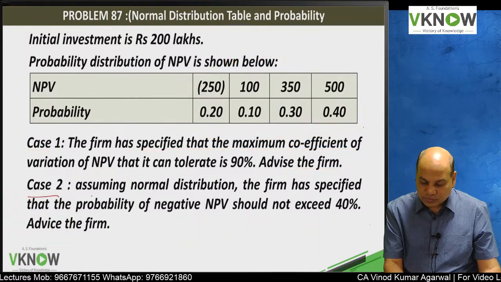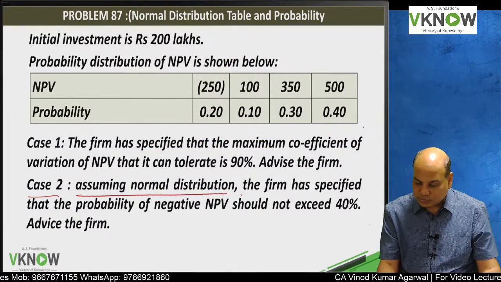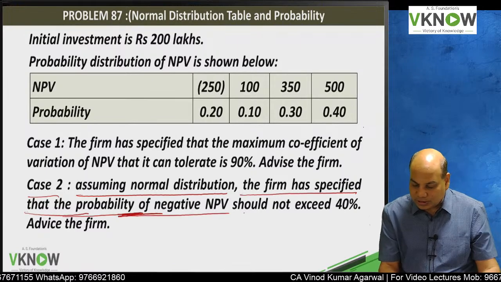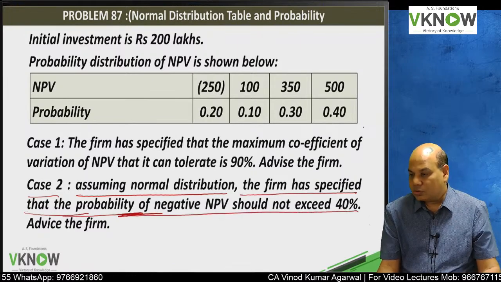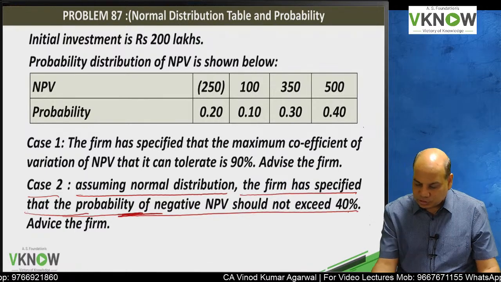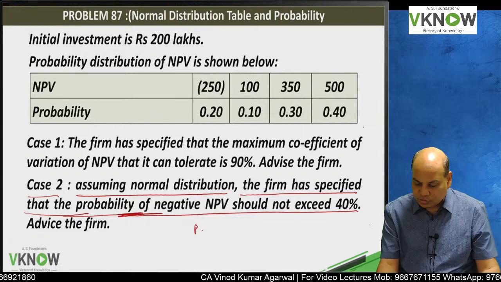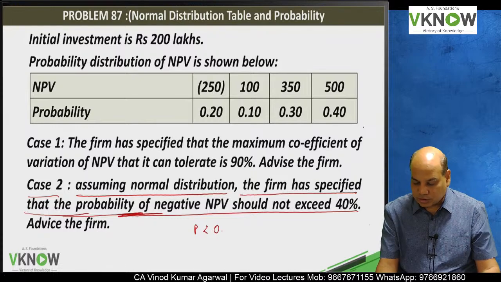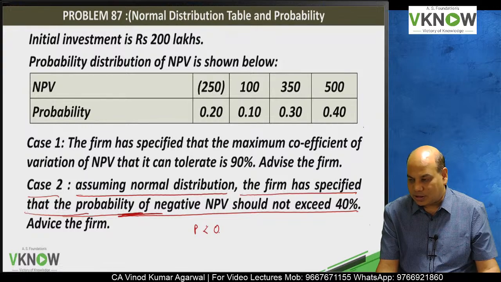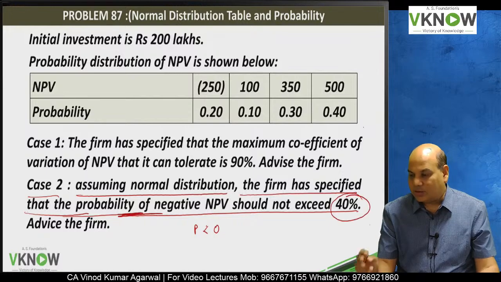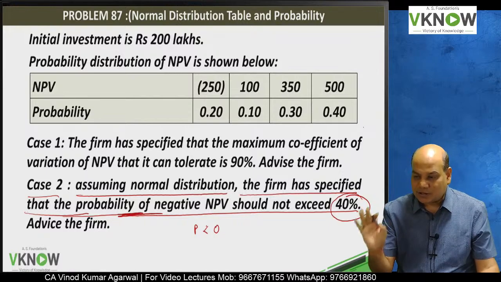Case 2, assuming normal distribution, the firm has specified that the probability of negative NPV should not be more than 40%. So I will find out what is the probability that NPV is less than 0. If the probability is less than 40%, I will accept the project.